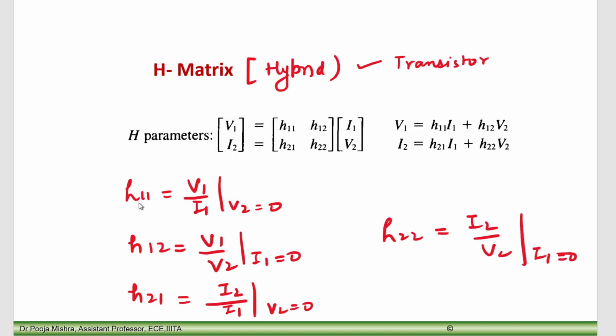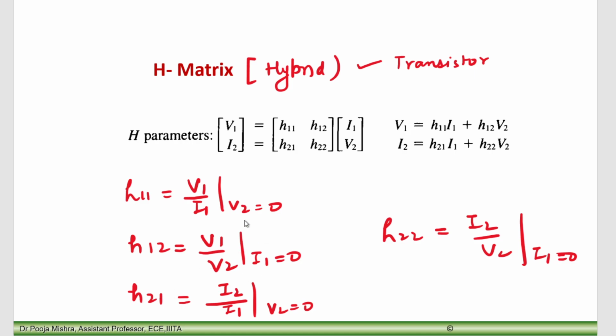So H11 is V1 by I1, the input impedance, when port 2 is short circuited. H12 is equal to V1 by V2, the reverse gain, determined when I1 is equal to 0, meaning when port 1 is open circuited.